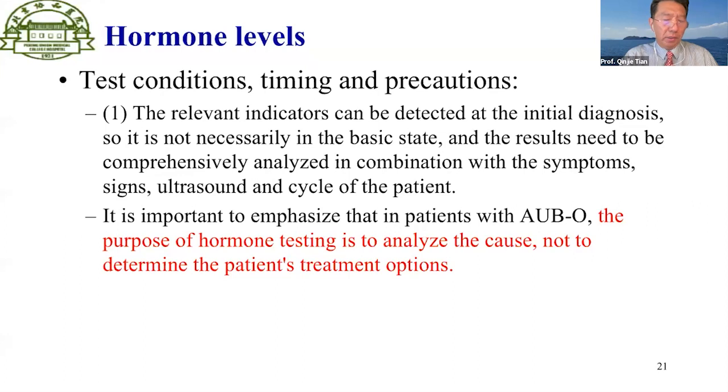Ideally, the test should be conducted prior to the initiation of hormone therapies or at least 1 month after discontinuation. It is important to emphasize that in patients with AUB-O, hormone testing is conducted to determine the underlying causes and not to dictate treatment options for the patients.